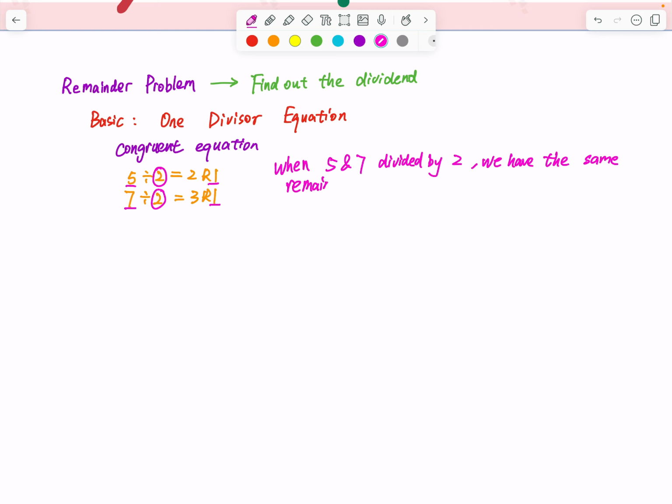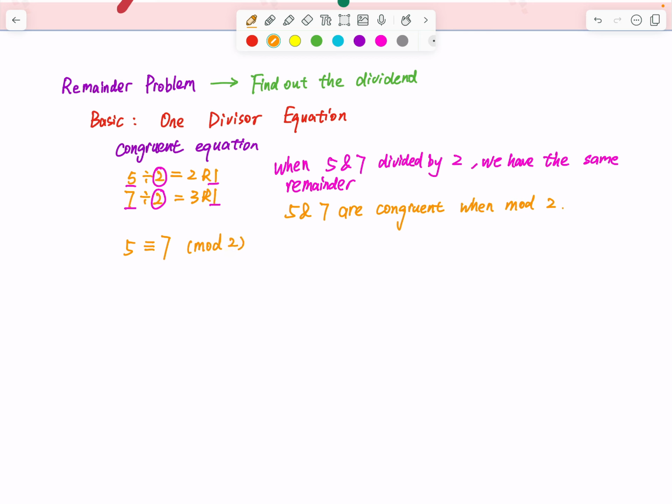So we see they are congruent. 5 and 7 are congruent when mod 2. So I can say 5 is congruent to 7 if I mod 2. Mod 2 means divide by 2, okay?